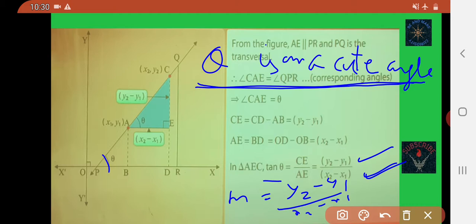Now when theta is an obtuse angle, we'll find the slope of the line.